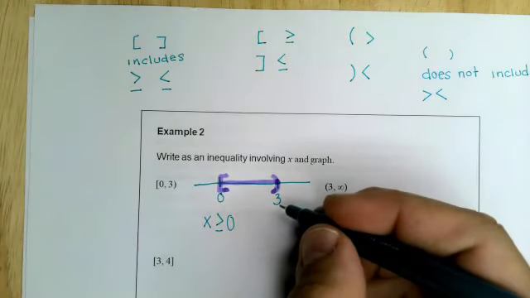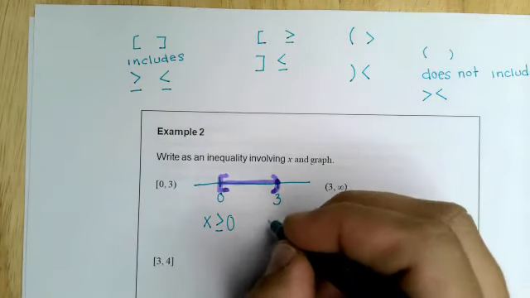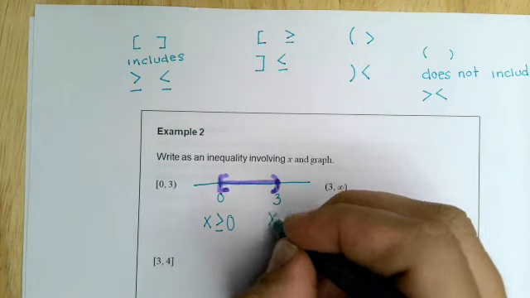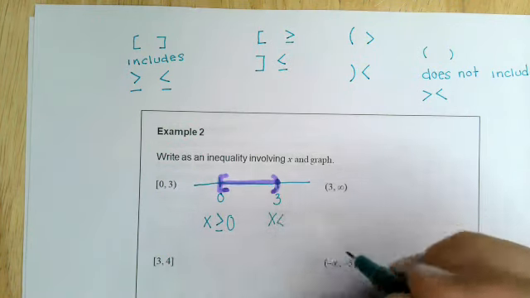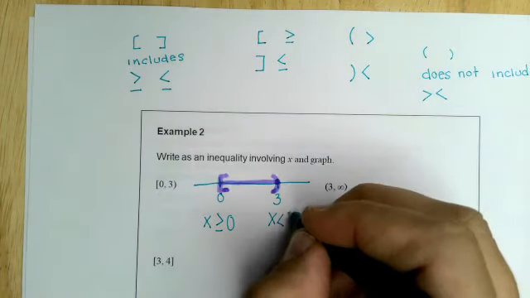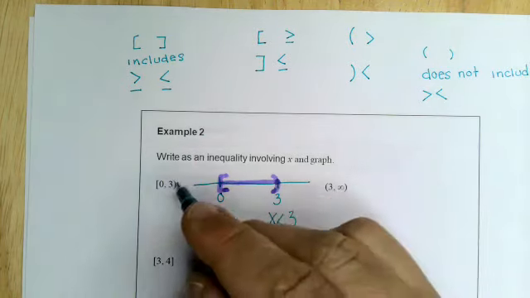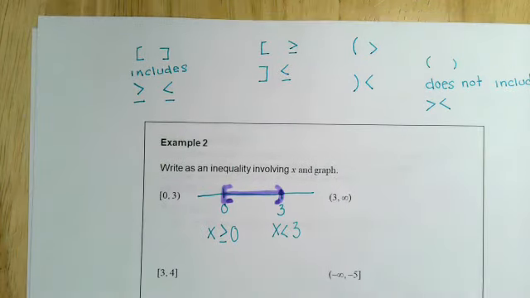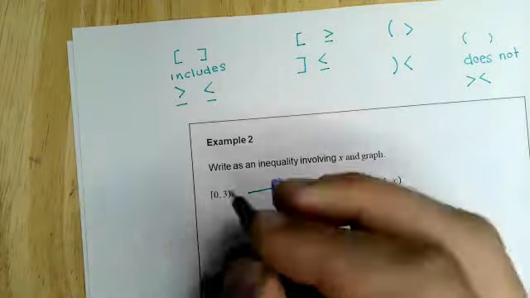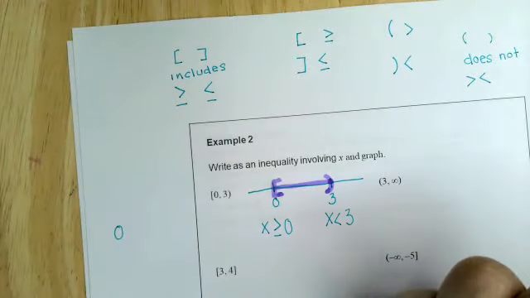And this one, x is less than, right? X is less than 3. It does not include 3. It might be easier though, for you to just say 0's first, right?